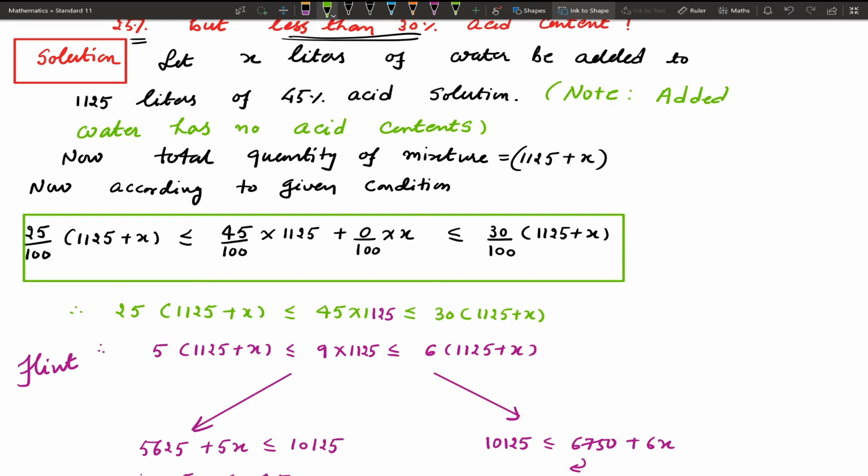less than or equal to, now here you take care, 45% of 1125 and the added water has no acid, so 0 into, this is 0 because the added water has no acid content, and it lies between 25% and 30%. So we have here constructed the inequalities.